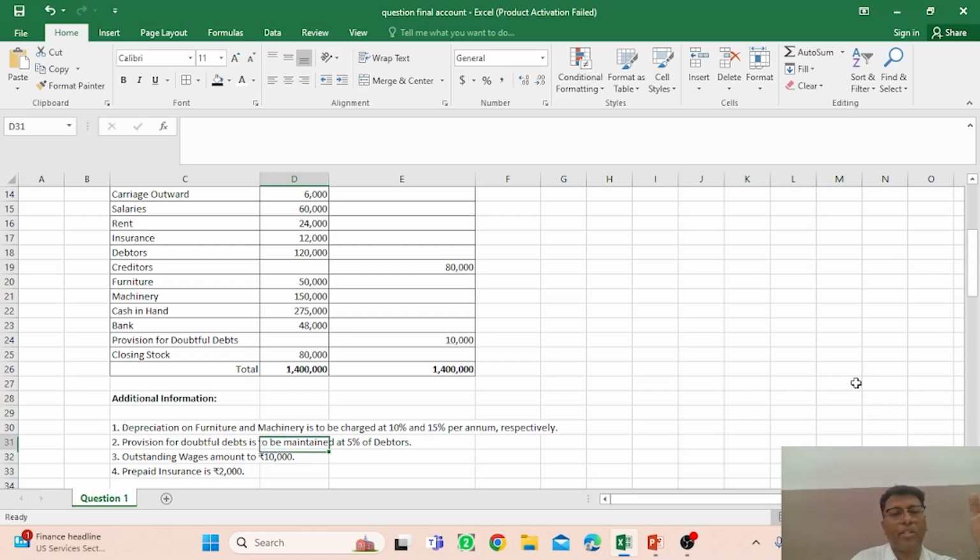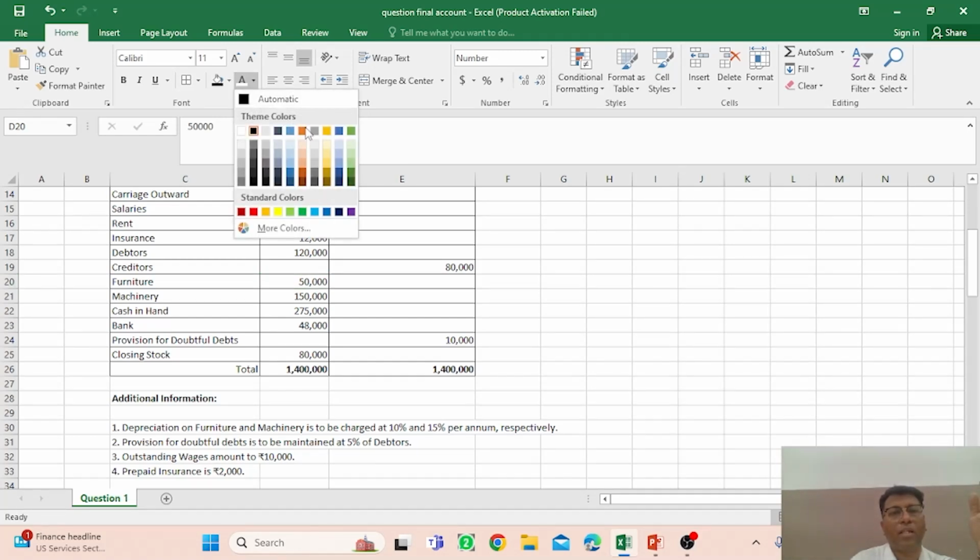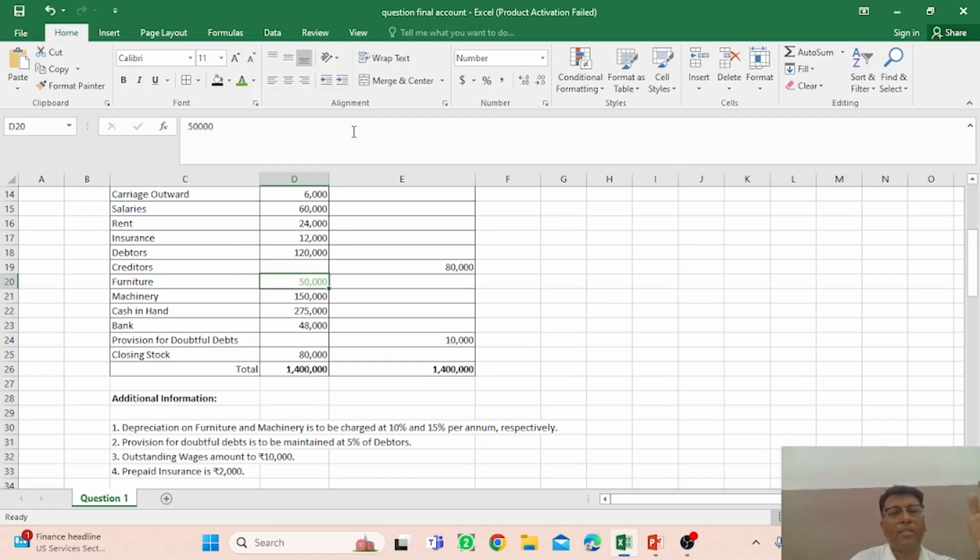Okay, so depreciation of furniture and machinery, so we are just mentioning furniture. I just give a mark, I just make it with color. Okay, green. It means there is an adjustment. And machinery, there is an adjustment of the depreciation again, right?